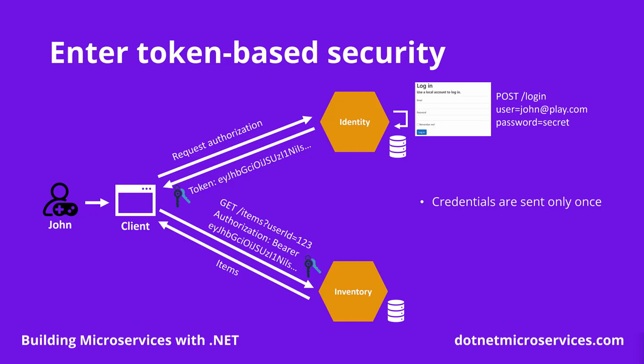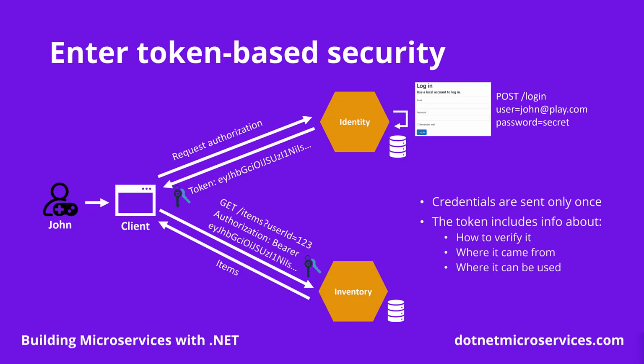The generated token represents consent from the user, and it includes information about how to verify the token, since it includes details about how it was signed, where it came from, since only tokens generated by our authorization server should be allowed, where it can be used, because it should be valid for use only by our microservices, who is authorized by the token, since it can include many details about John in this case, including his authorization roles, what can be done with the token, because a token may grant access only to some microservices, or even to specific actions within a microservice, and much more.